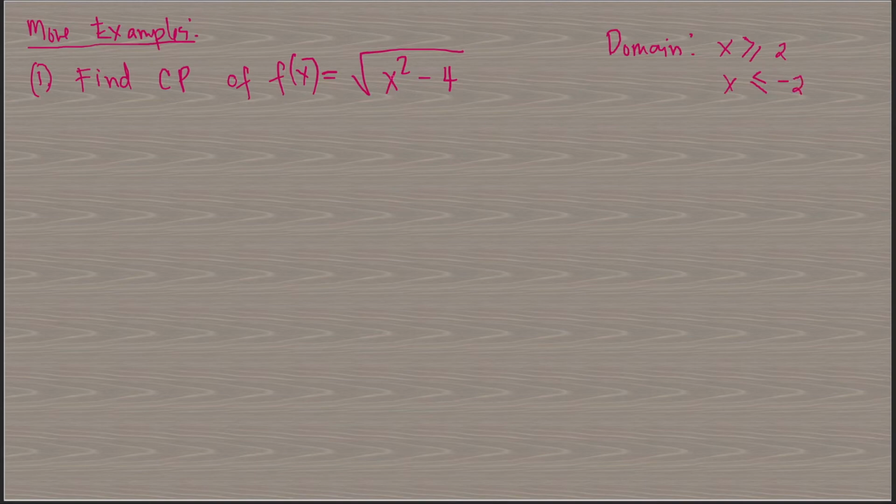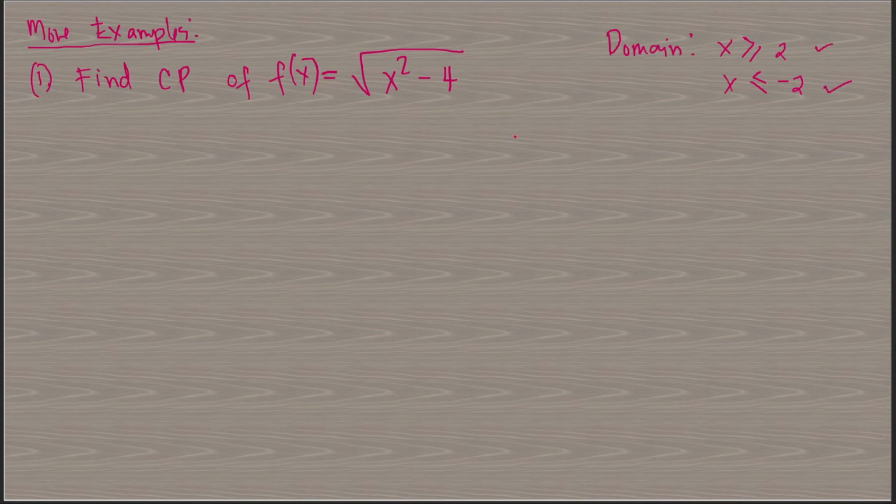Because if you substitute 1, 1 squared is 1, 1 minus 4 is -3, and we could not extract the square root of -3. But if x is 2, 2 squared is 4, and 4 minus 4 is 0, the square root of 0 is 0. So our minimum value is 2, and our maximum value on the negative part of the number line is -2. So take note of this.